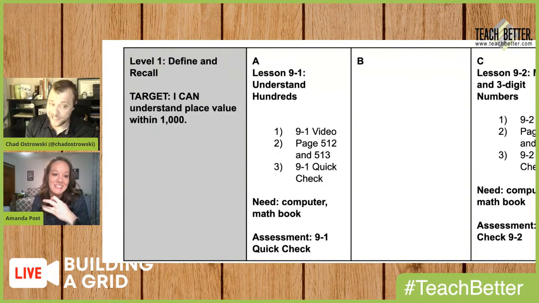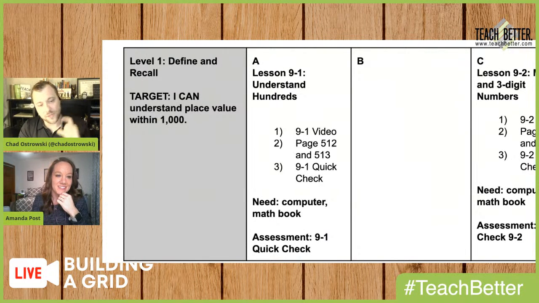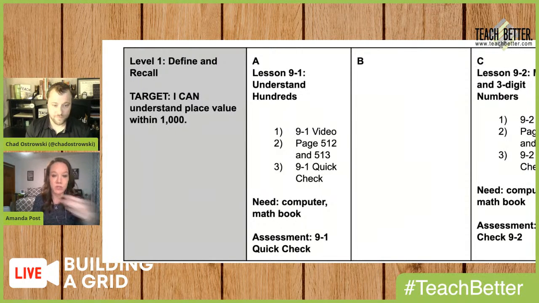I love that it's an I can statement because it's focused on the student and what they're doing. But for our first level target, how can we measure understanding of place value? What would a student do in your classroom to show that they knew this? Well, I'm looking through what I've semi-plugged in based on my curriculum, which is something that our district has adopted and which we're going to talk about.